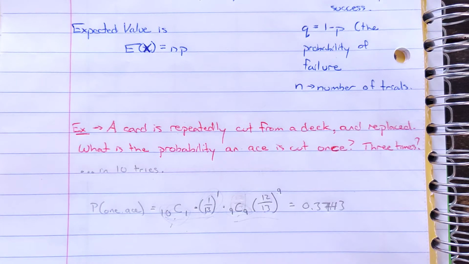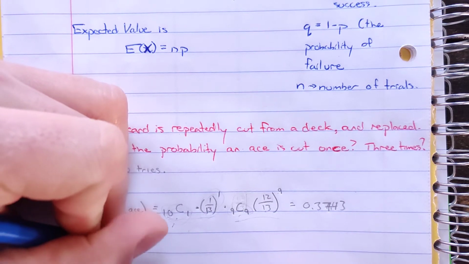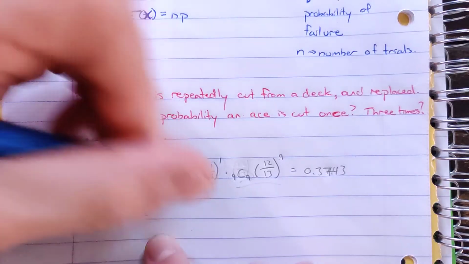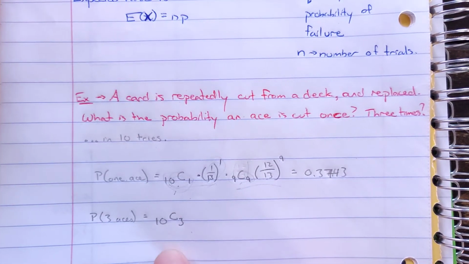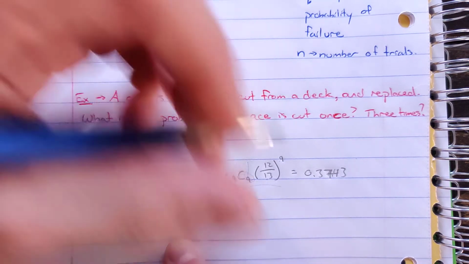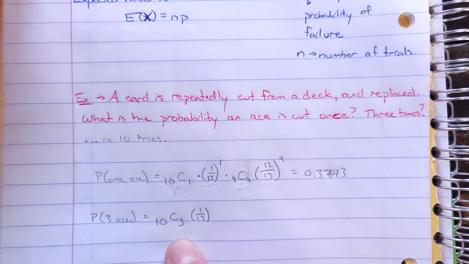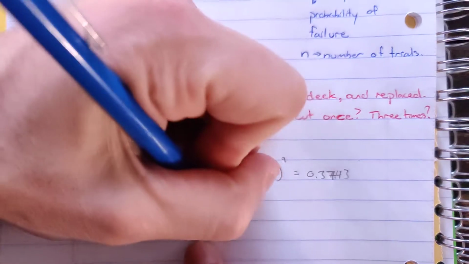Now, if we bump that up and we want to draw our ace 3 times in those 10 draws, then probability of 3 aces, 10 draws, choose the 3 aces, the 3 successes, okay, you're drawing the aces are success, times 1 over 13, the probability of drawing an ace, to the power of 3, because we're drawing 3 aces.